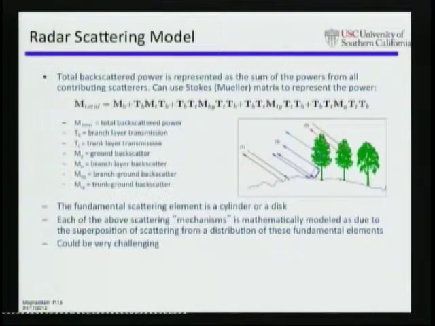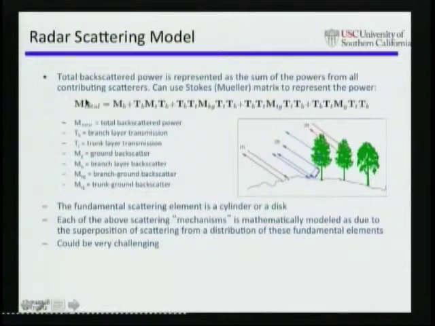The third comes from the interaction of either the canopy and the ground or the trunks and the ground. Once again, the concept is to divide and conquer. We decompose the full scattering problem into components, solve for each one separately, and then at the end we add them up.